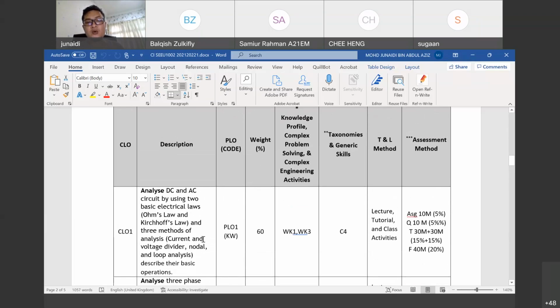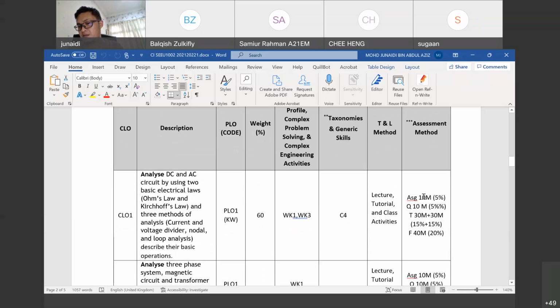The weightage for CLO1 is 60. This is the teaching and learning method that we use: lecture plus tutorial, and also class activities. This is the assessment method. Assignment carries 10 marks, which will later be weighted to 5% only. Assignment 5% for CLO1, and then quiz 10 marks, equivalent to 5% of total mark.